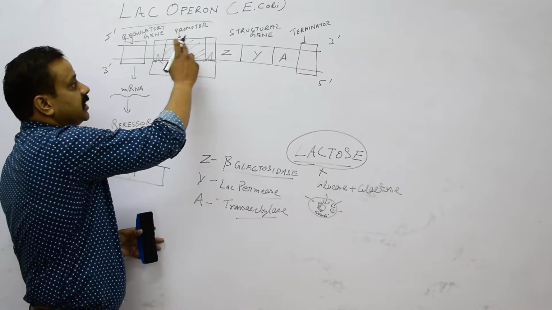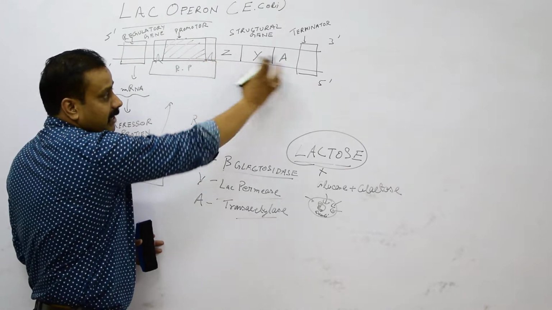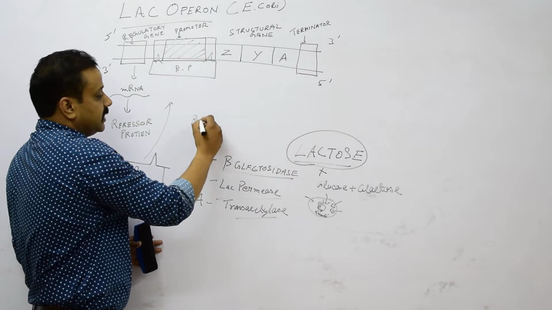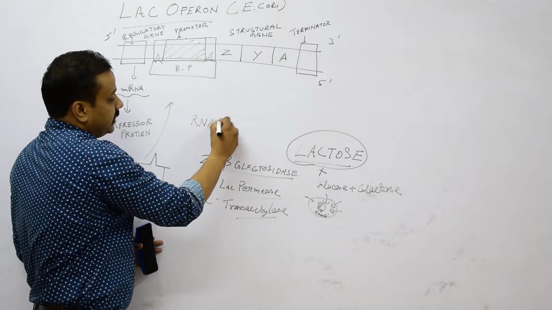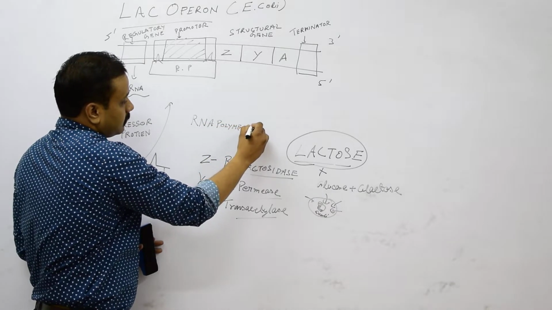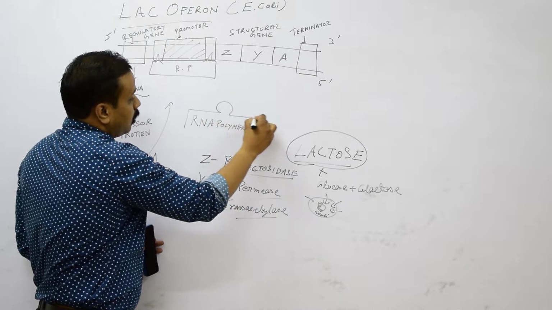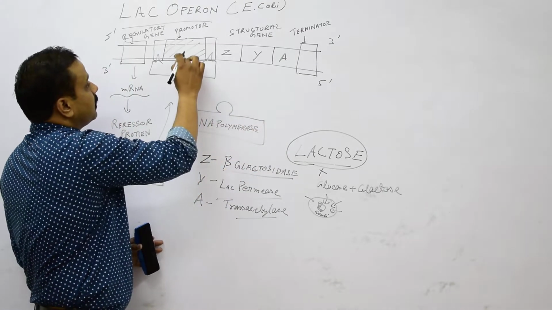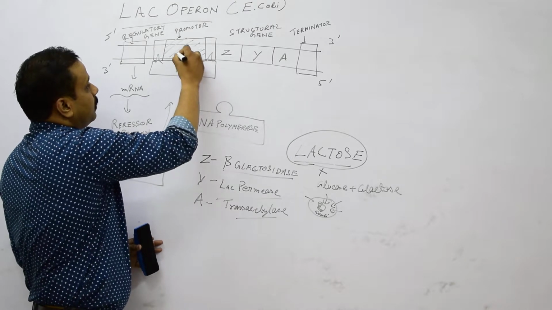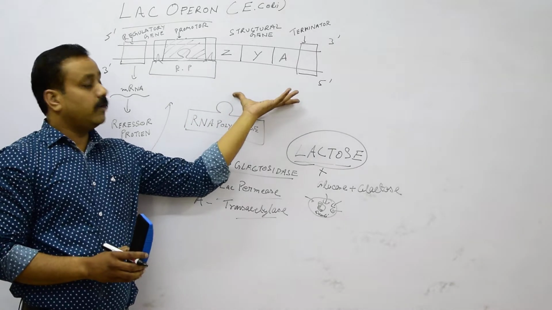When the promoter gene is blocked, the enzyme essential to catalyze this process, RNA polymerase, cannot bind to the promoter gene, and it cannot initiate the process of transcription.